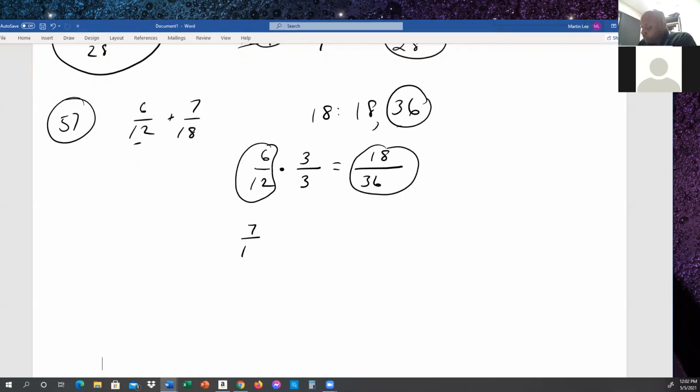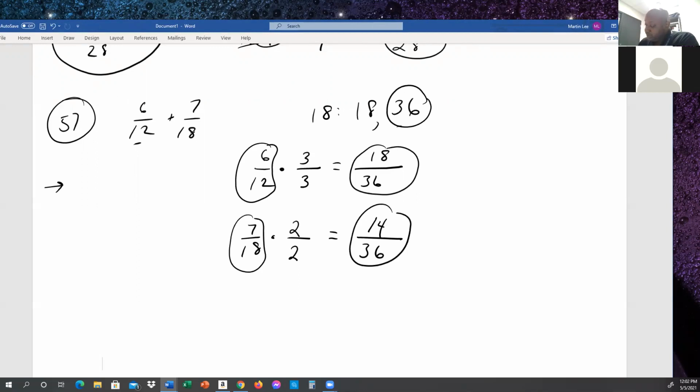And then 7 over 18 times something has to be a fraction whose denominator is 36. 2 and 2, 7 times 2 is 14. So now instead of 6 over 12, we can use 18 over 36. And plus 7 over 18, we can use 14 over 36.